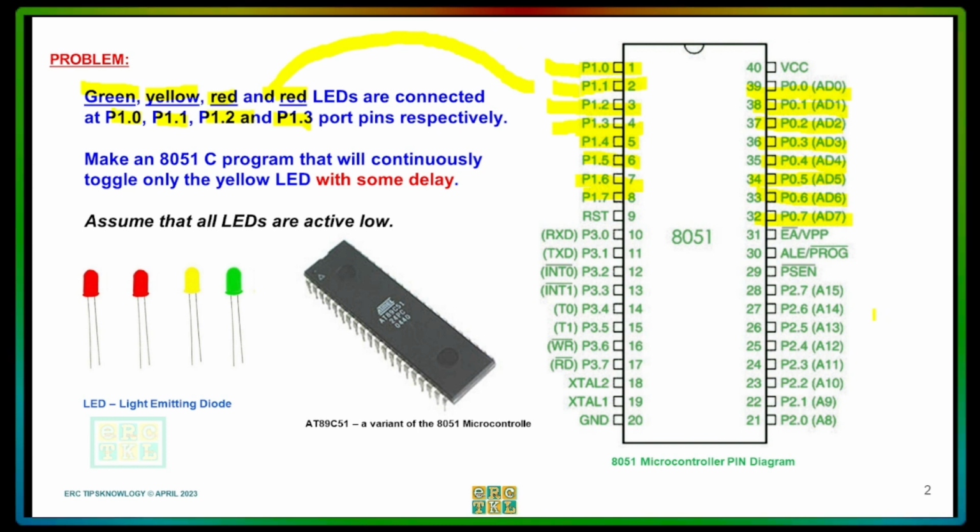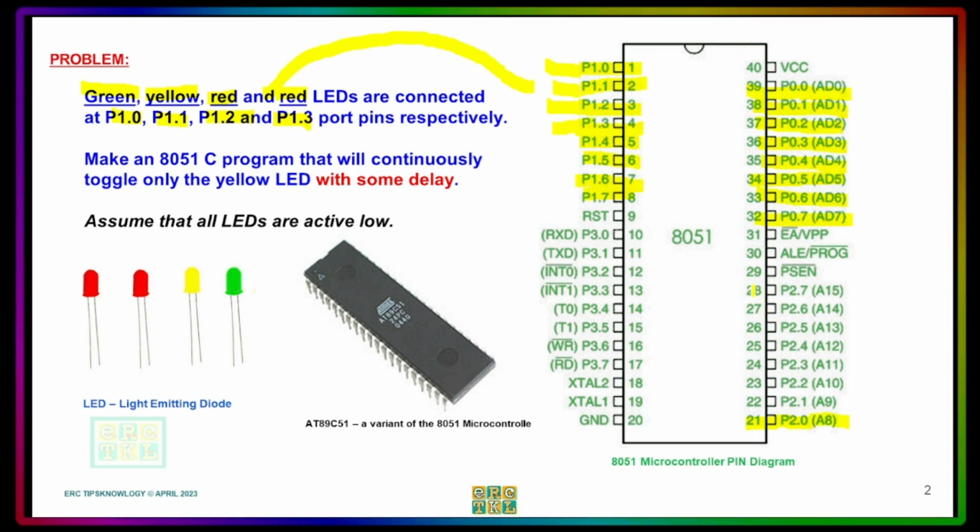Now the third port is called port 2, and the first pin of port 2 is pin number 21, which is called P2.0. It can be used as an input or output port, and at the same time we can also use it as an address.